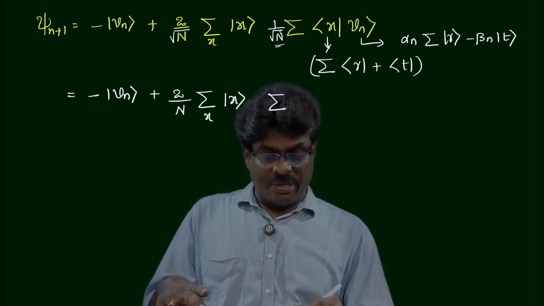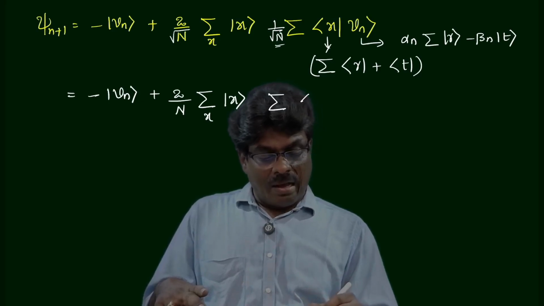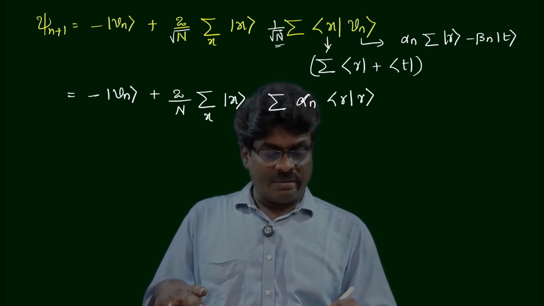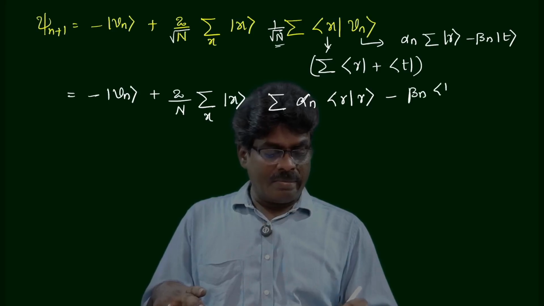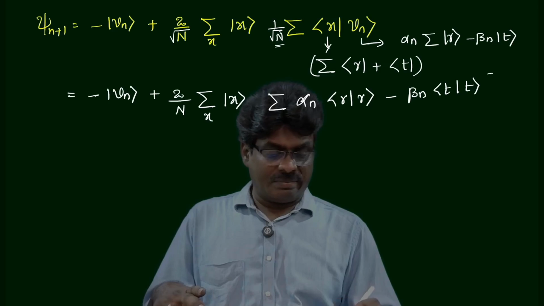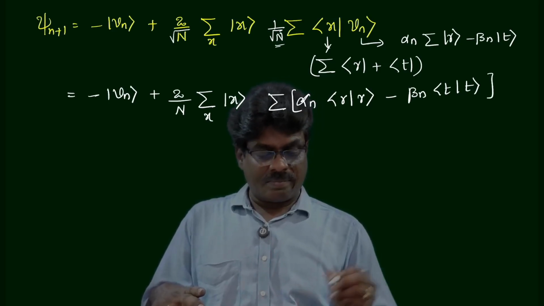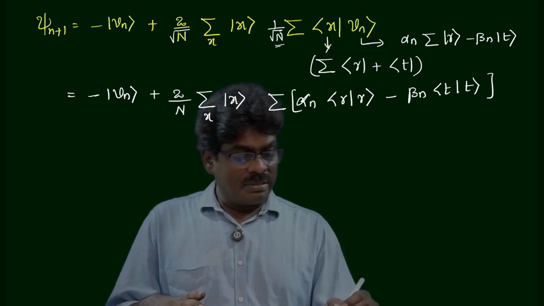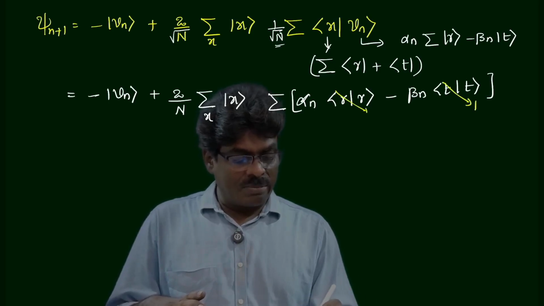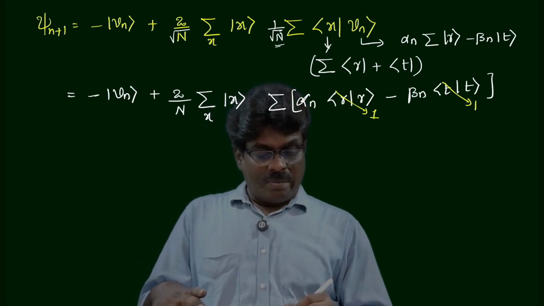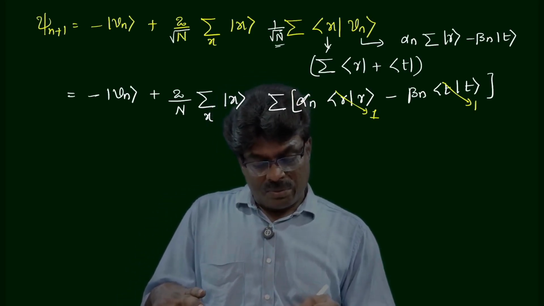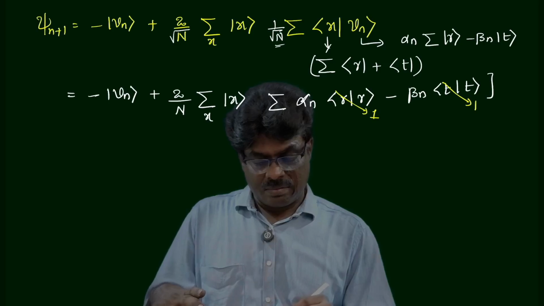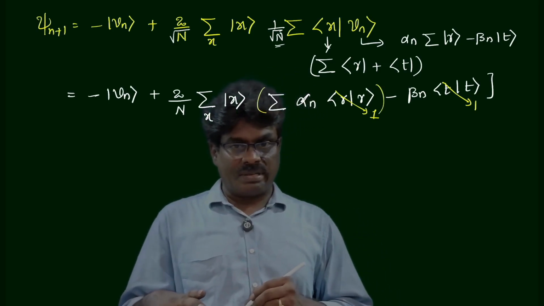So then you will get summation alpha n into 1, that is alpha n bra r into ket r minus beta n bra t into ket t. I hope you got it. So this inner product will give you 1 and this inner product will give you 1. But I request you, this summation is not for beta n, only for this one. Please take care of it.